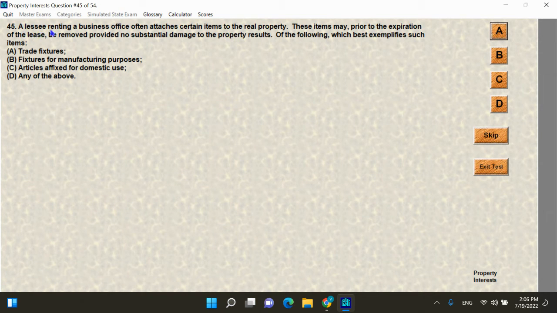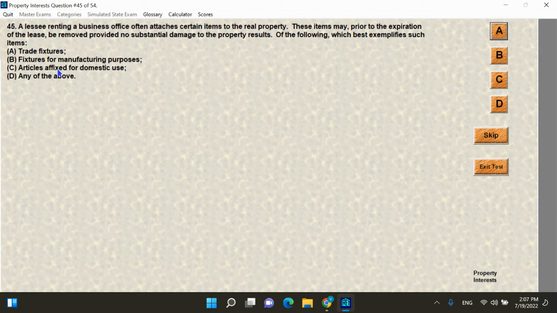45. Lessees renting a business office often attach certain items to the real property. These items may, prior to the expiration of the lease, be removed provided no substantial damage to the property results. Of the following, which best exemplifies such items: A. Trade fixtures. B. Fixtures for manufacturing purposes.